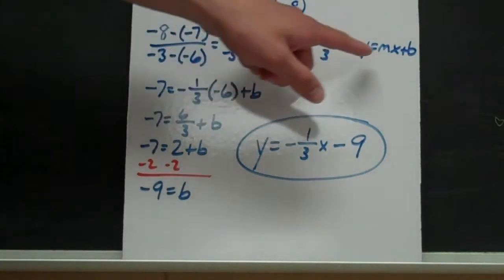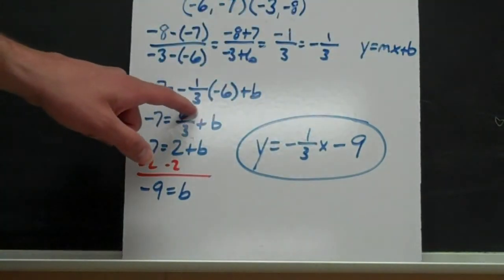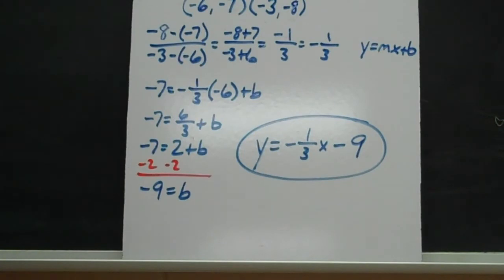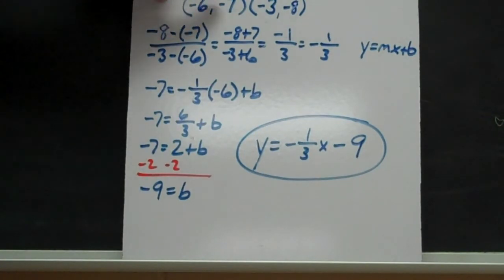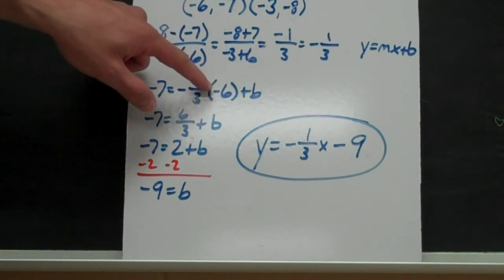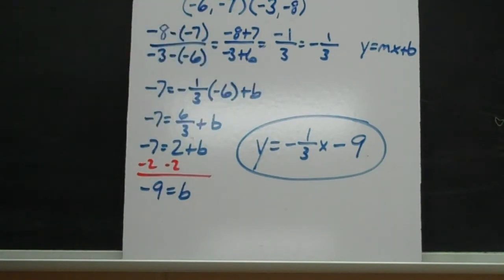We're going to plug that in for m. And again, we can choose either one of these points to plug in for x and y. I chose the first point. My y value is negative 7, my x value is negative 6, and I'm going to solve for b.